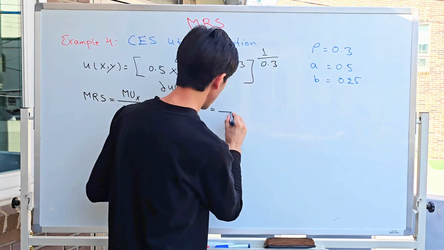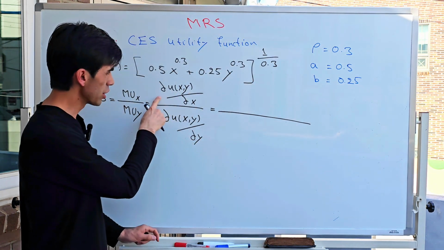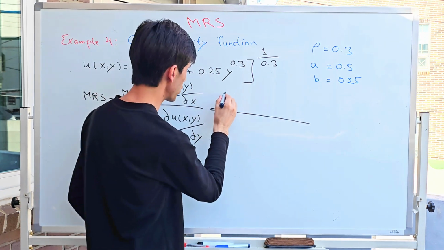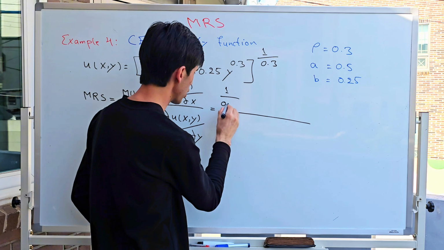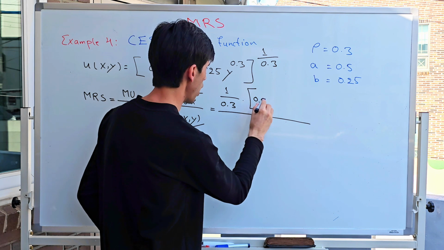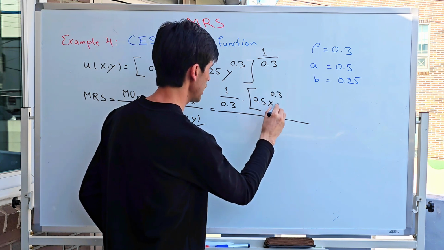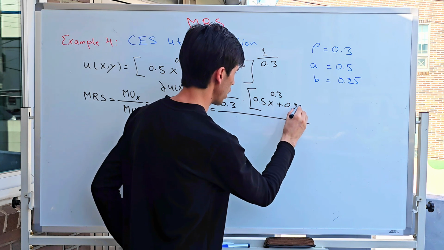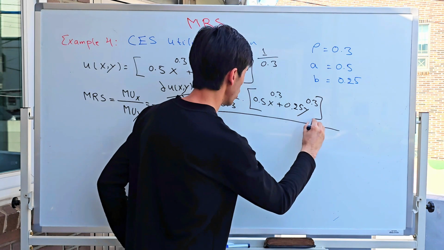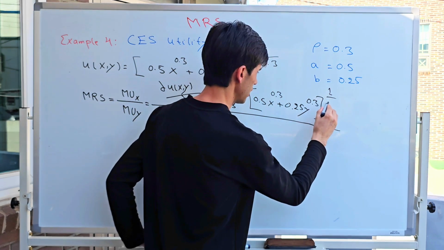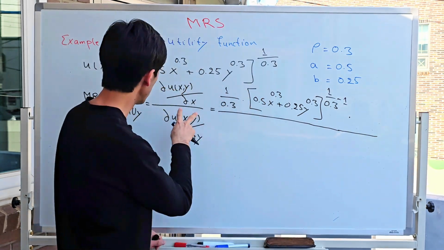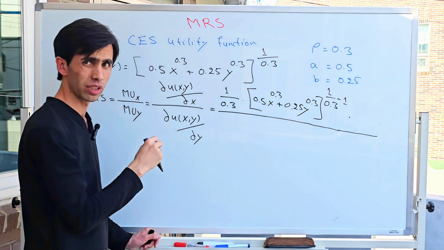So let's go, guys. First of all, let's find the partial derivative of the utility function with respect to x. It is equal to 1 over 0.3 multiplied by 0.5 x to the power of 0.3 plus 0.25 y to the power of 0.3, whole to the power of 1 divided by 0.3 minus 1, multiplied by the derivative of the inside function with respect to x.